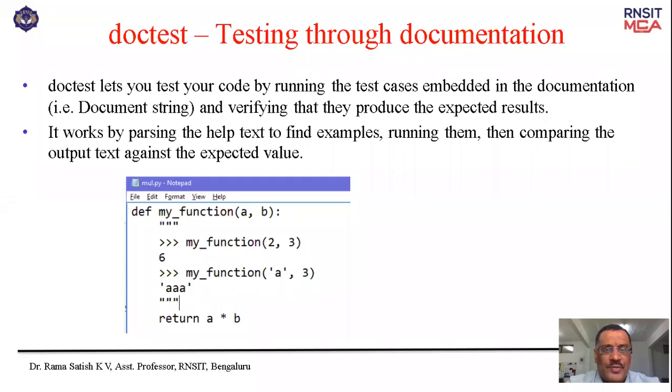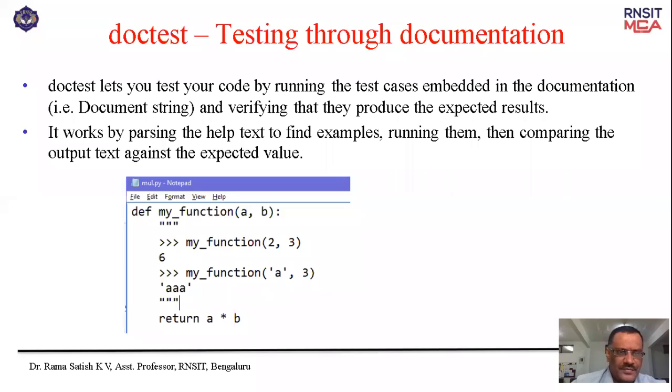The doctest has to be done through the docstring. That is one of the very important things. Doctest lets you test your code by running the test cases embedded in the documentation, the docstring, and verifies that they produce the expected results.